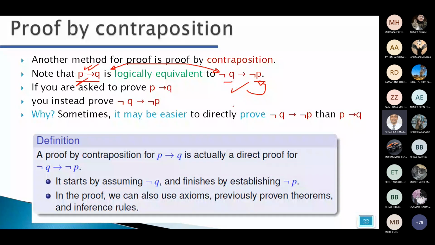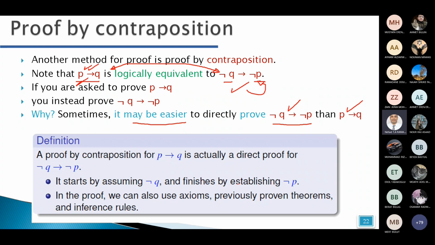Why do we make all this turn and go for the contraposition? Because, as I told you, sometimes it's easier than the direct proof. If you prove the contraposition correct, then the original direct proof is correct.